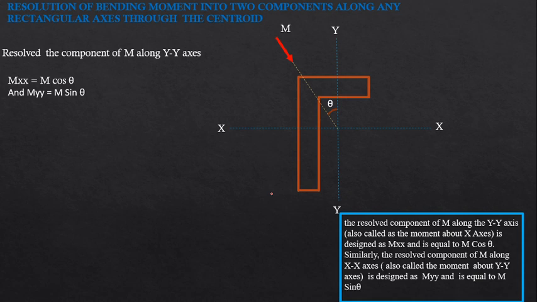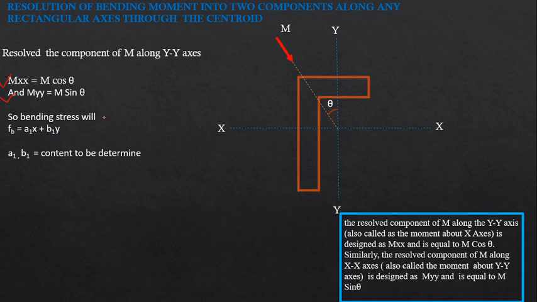Similarly, the resolved component of m along the x axis, also called the moment about y axis, is designated Myy equal to m sin theta. So Mxx equals m cos theta and Myy equals m sin theta.